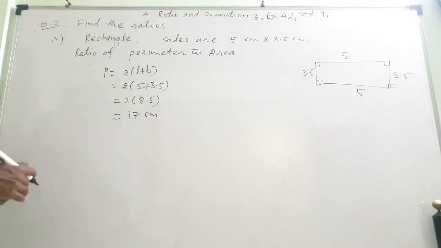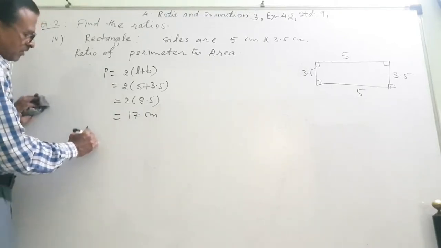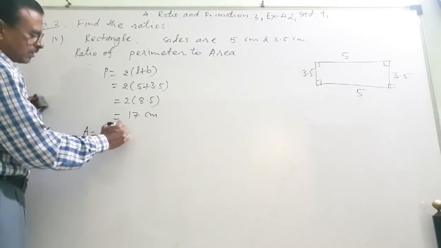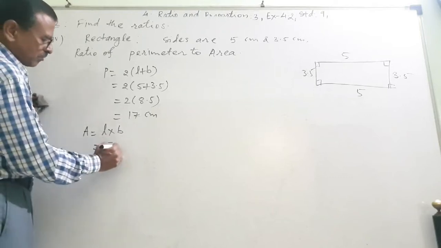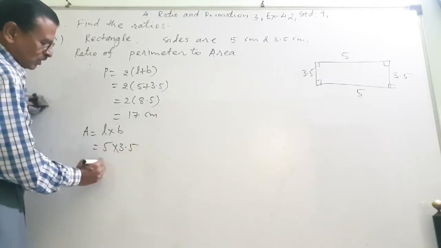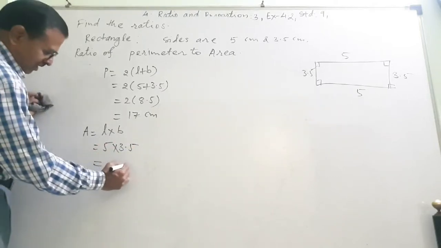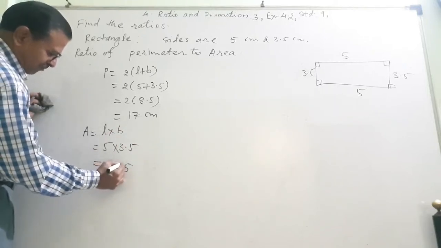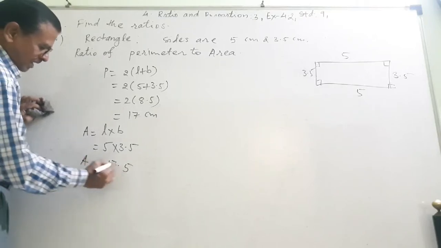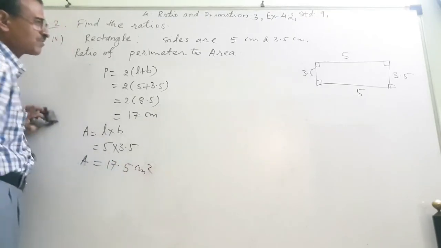Now I want area. Area equal to length into breadth. That is equal to length is 5 into breadth is 3.5. So that is equal to 5 5s are 25, carry 2, 5 3s are 15 plus 2 is 17.5. This is area in cm square.